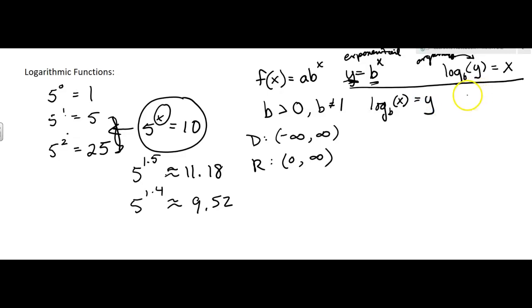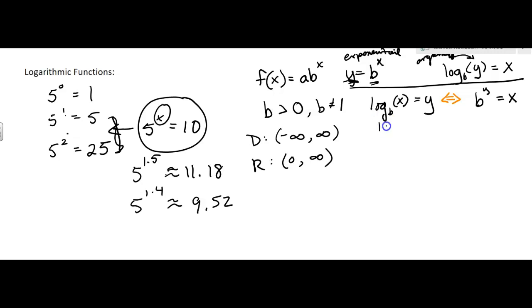And then they're going to say the exponential form is the base b, the exponent's y, and it equals x. Okay? This is the relationship. So I'm going to put a double arrow here to say you can go from one equation to the other equation. You can go from exponential to logarithm, or you can go from logarithm to exponential. It all depends on what you're doing and what form is going to help you.